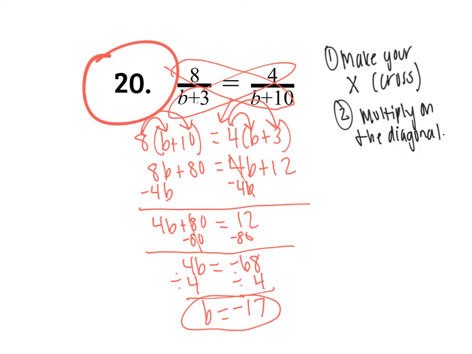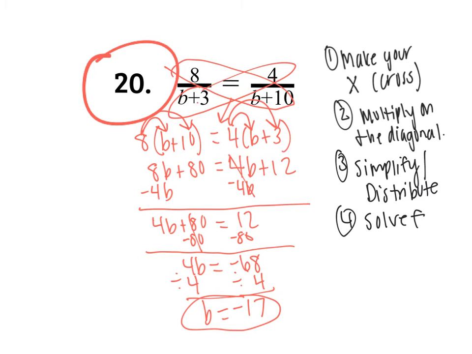And remember, the whole reason that cross multiplication works is because we want these two fractions to be equal to each other. So by cross multiplying, we're getting them to have common denominators. So after you multiply the diagonals, you are going to simplify / distribute. And then step 4 is you just solve for the variable.